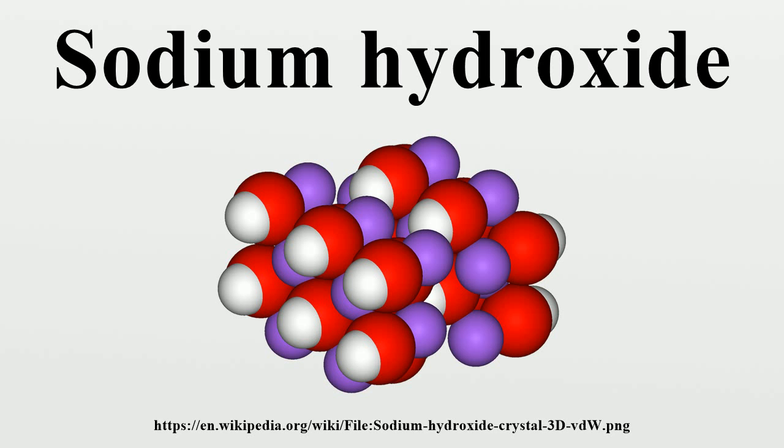Chemical properties. Reaction with acids. Sodium hydroxide reacts with protic acids to produce water and the corresponding salts. For example, when sodium hydroxide reacts with hydrochloric acid, sodium chloride is formed: NaOH + HCl → NaCl + H2O.